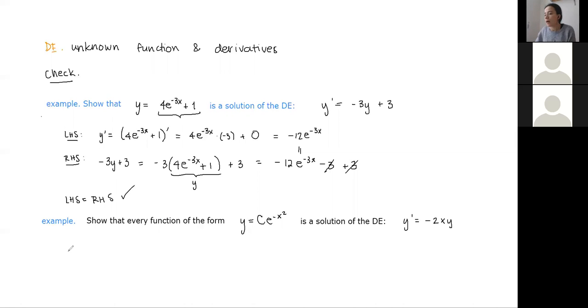So in this case, I want you to verify that every function of this type is going to be a solution of the equation that is written on the right. Okay, so you have 2 minutes to solve that problem.